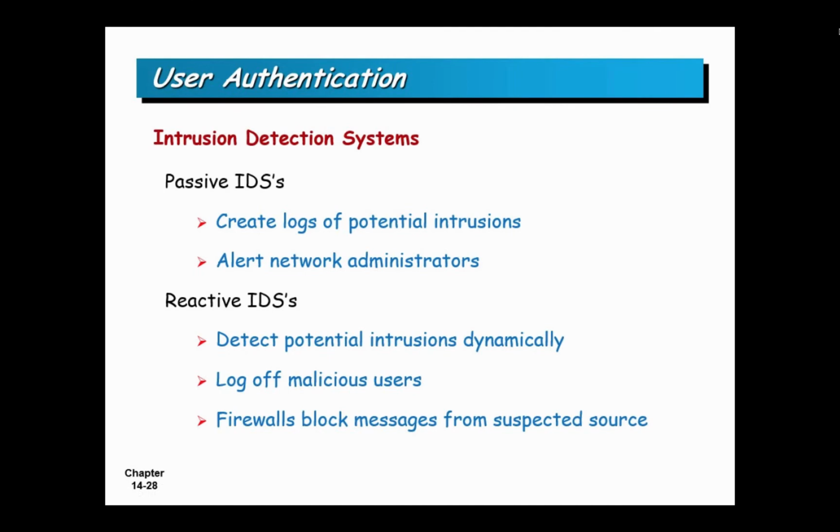You have two different kinds of intrusion detection. Intrusion is a hacker trying to get in. There's passive and there's reactive. It's exactly what it sounds like. So a passive intrusion detection just logs things that look like they might be problems so that somebody can look at them and say, maybe we should have stopped that one. That was a mistake. And a reactive one is more powerful.